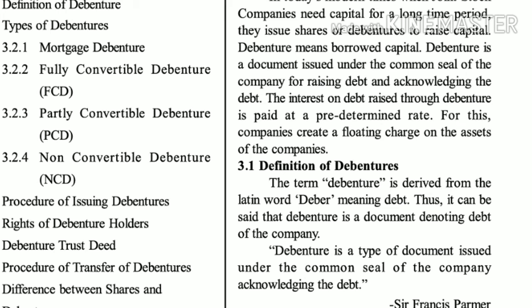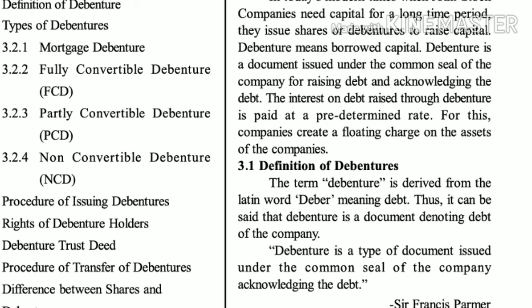Now let's read the definition which is given by Sir Francis Palmer. Debenture is a type of document issued under the common seal of the company acknowledging the debt. Basically it is a document issued under the common seal of the company, and it should be acknowledged as a debt.